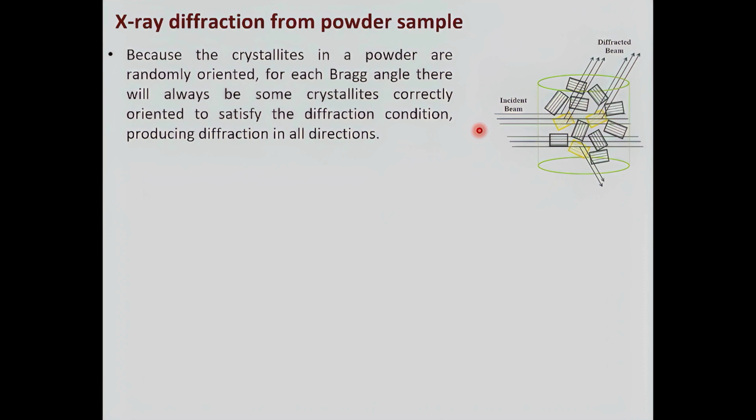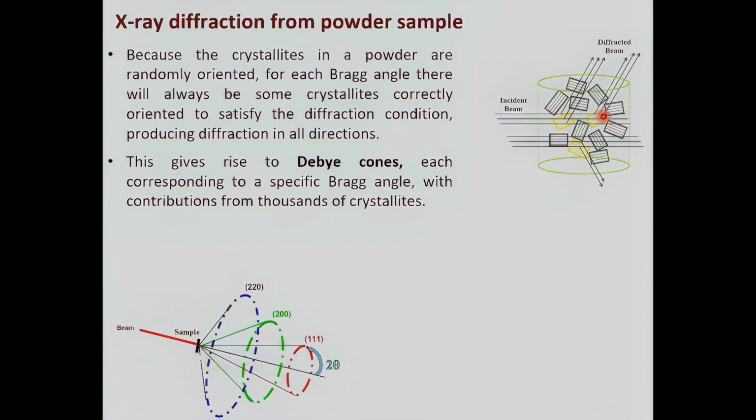Then the diffraction arrives on this, and instead of a single crystal, where we said we have only one direction of diffraction, many crystallites are now simultaneously satisfying Bragg's law, all able to simultaneously perform the diffraction effect. And in the case of powder, the diffraction is in all directions, not in one direction, giving origin to these cones, which are called the Debye cones.